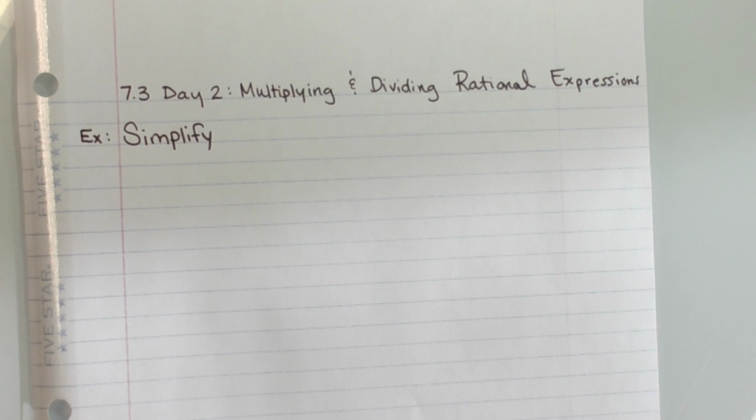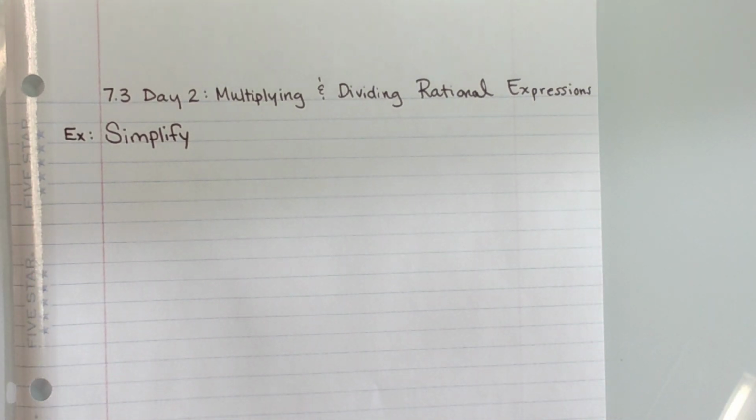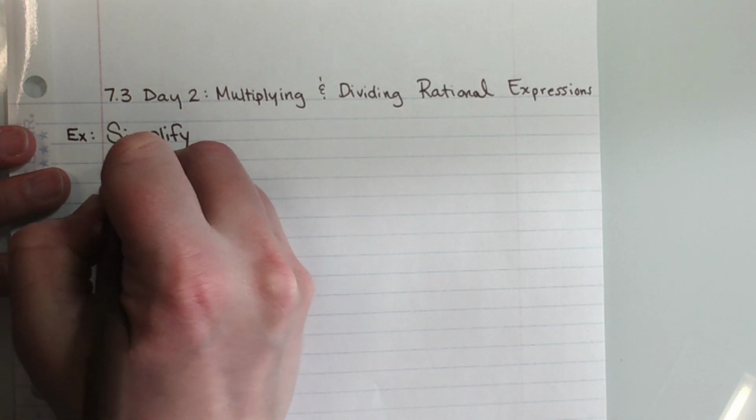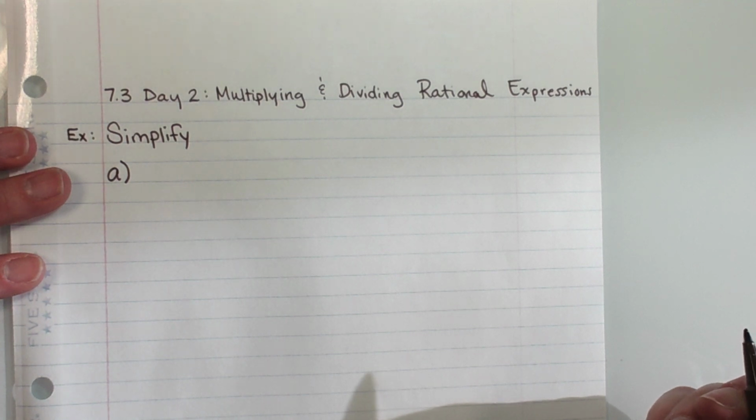Because when it comes to multiplying and dividing our rational expressions, it comes down to the exact same rules that you learned about with fractions once upon a time.